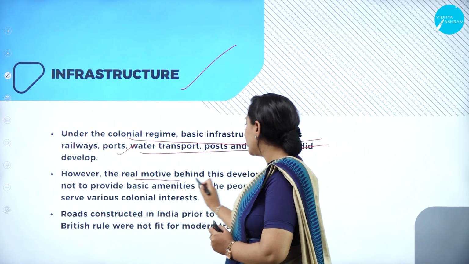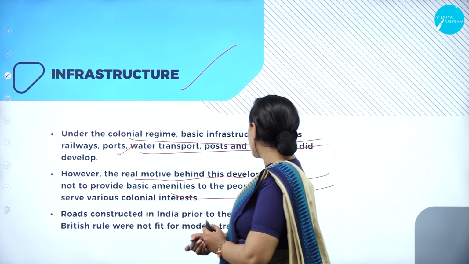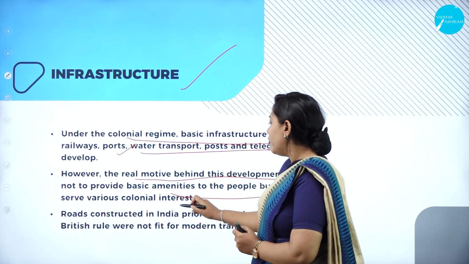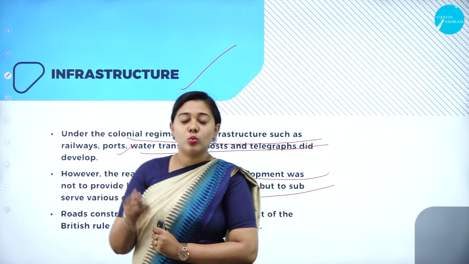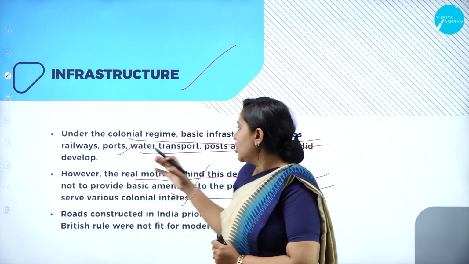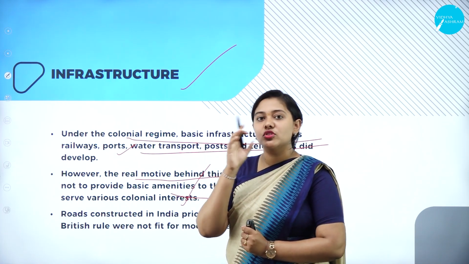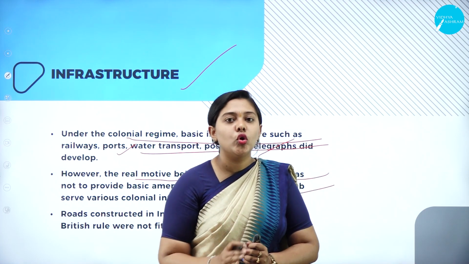However, the real motive behind this development was not to provide basic amenities to the people, but to serve various colonial interests. Why were all these infrastructures there? That is, railways, water transport, post, telegraphs were there just to fulfill the colonial rule.